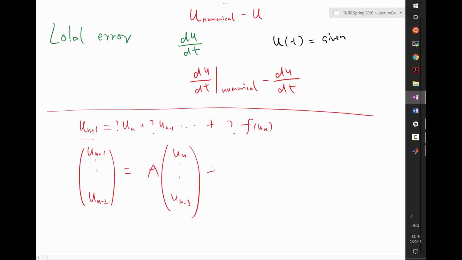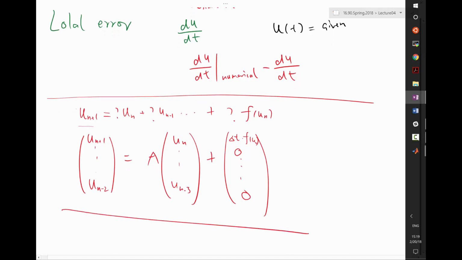But now we have an additional term. This additional term is 0, 0, 0 down here, but we have something times delta t times f of u^n over here. So we have a matrix system with a right-hand side, right? Every time we are adding this particular right-hand side.